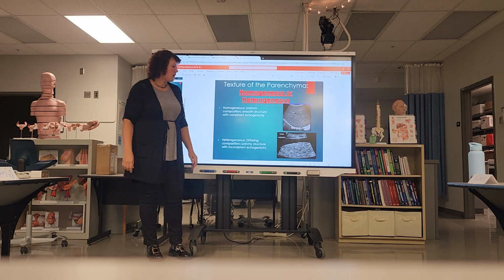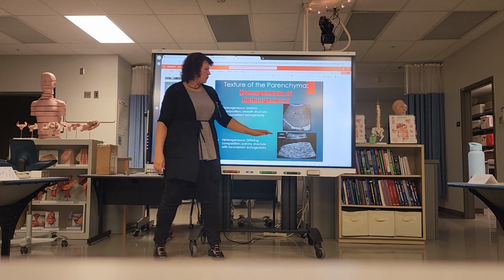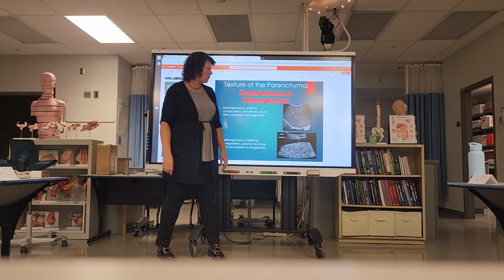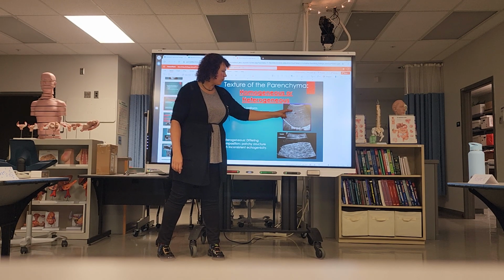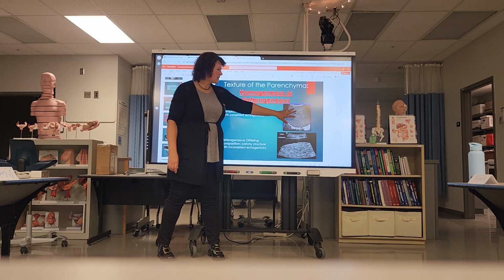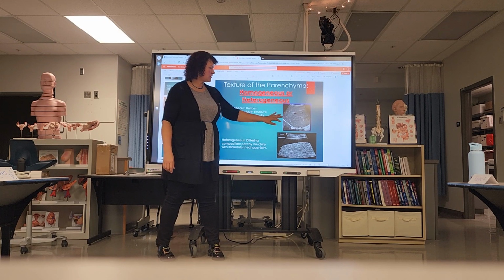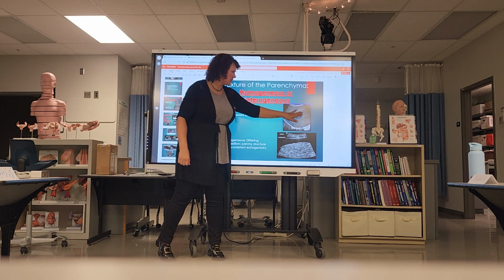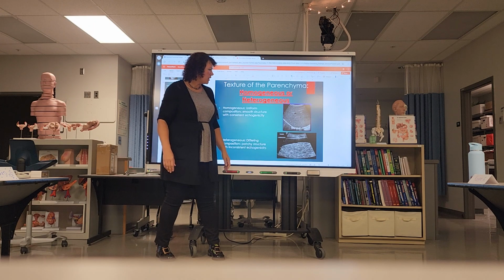So what can be confusing about this is because you're looking at it and you're going, well, there's all these little white specks. There's black stuff in there. How is this homogeneous? Well, you're looking at the tissue. As you will learn about the liver, you'll learn that these are vessels and they're totally normal.